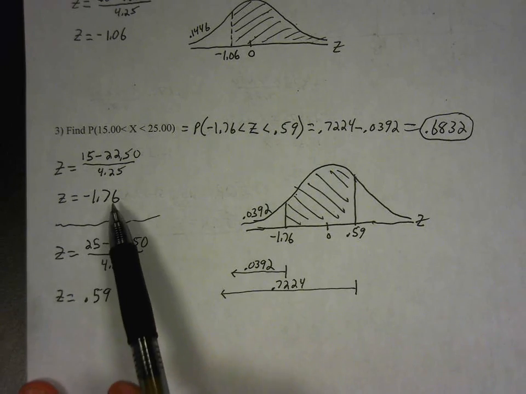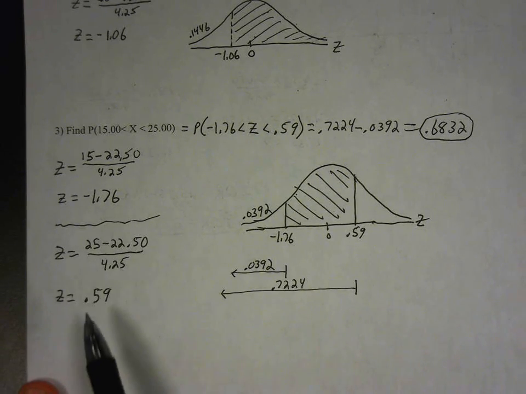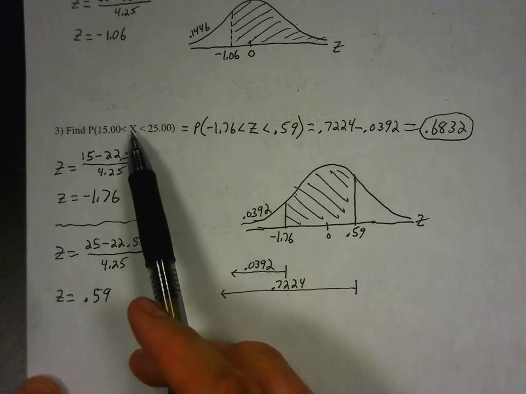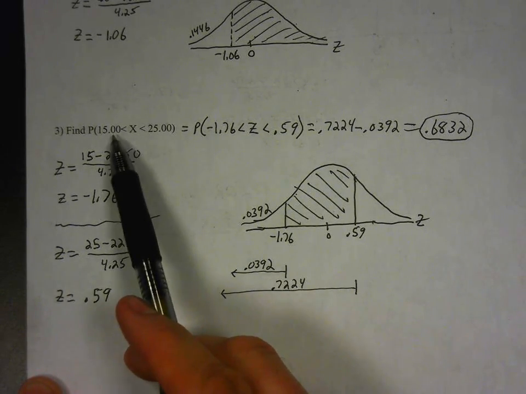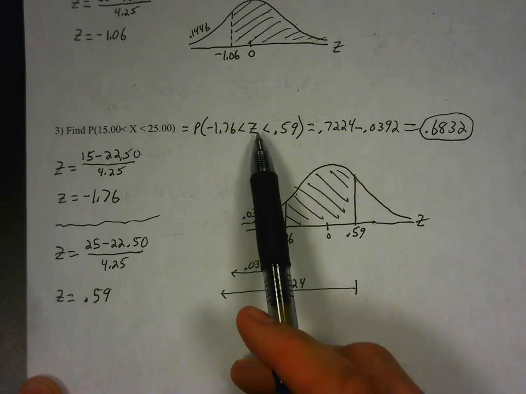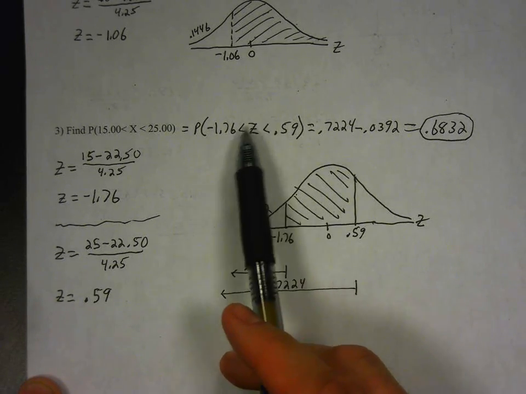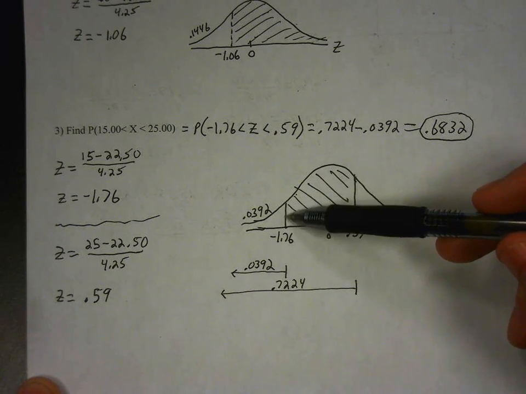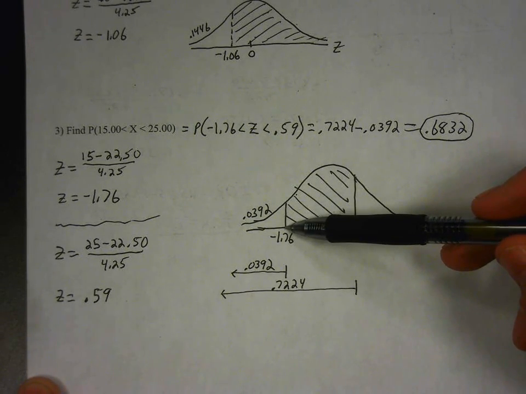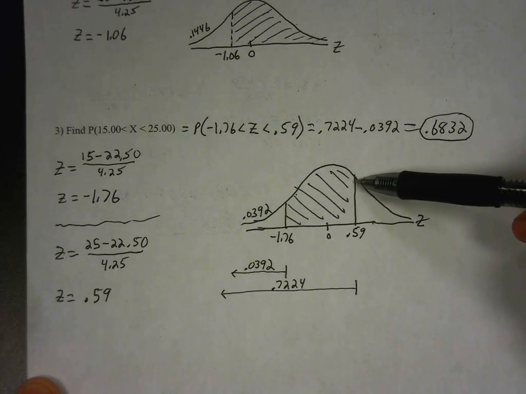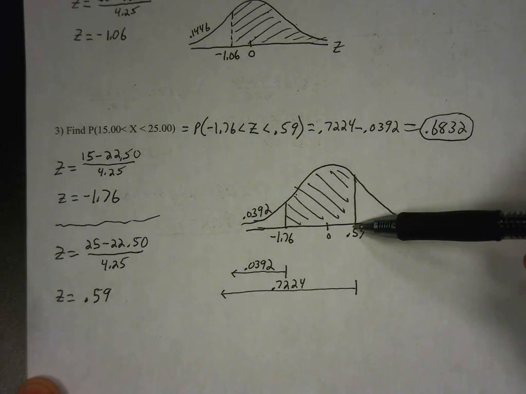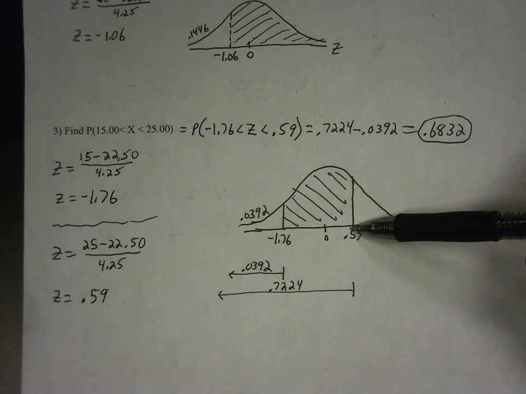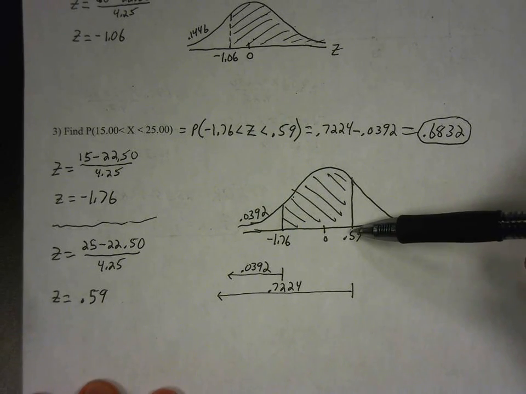That gives you negative 1.76 and 0.59 for the z-scores. So the probability that x is between these two dollar amounts equals the probability that z is between these two z-scores. On your diagram, you put negative 1.76 and positive 0.59 on the z-axis. You find the area for each of those to the left.